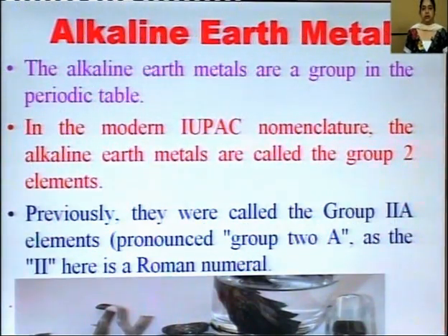Alkaline earth metals. The alkaline earth metals are a group in the periodic table. In the modern IUPAC nomenclature, alkaline earth metals are called the group 2 elements. They are also called group 2A elements.